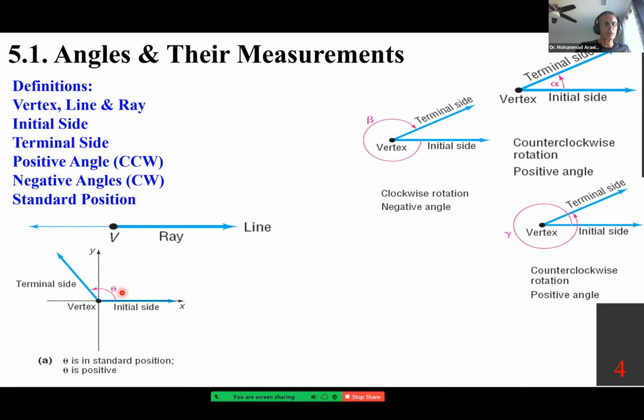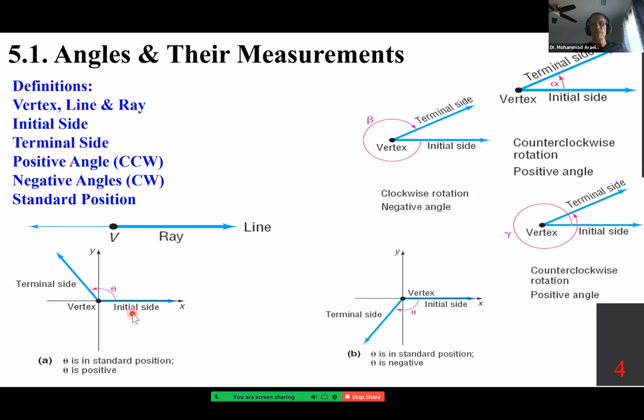And in this case, going counterclockwise is considered positive. This is still a standard position, but because it's in a different direction, namely clockwise, it's considered a negative angle.